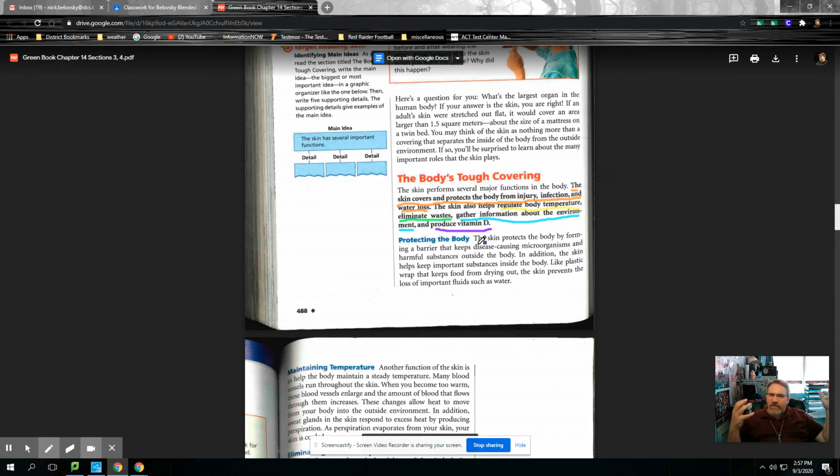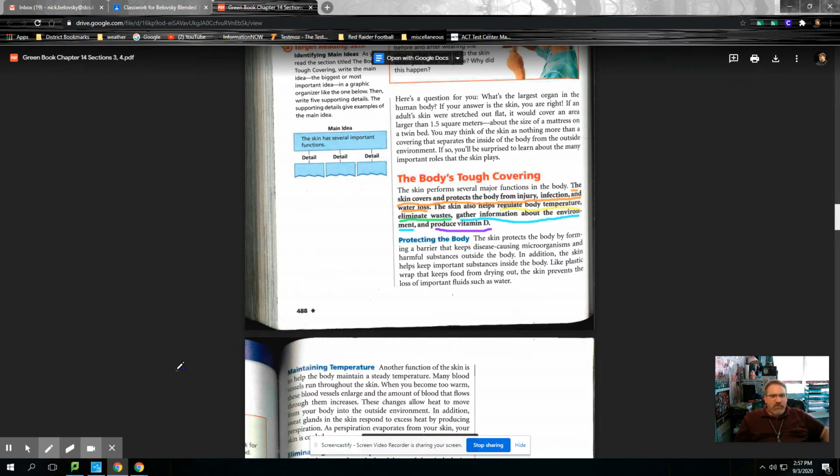Most of the time that you get a virus, it goes in through the mouth, nose, eyes, things like that. So that's why we wear these mask covers to help protect us, not only from things being breathed in and breathed out, but to remind us, hey, we don't need to stick our hands in our mouth right now. So that's what protecting the body is.